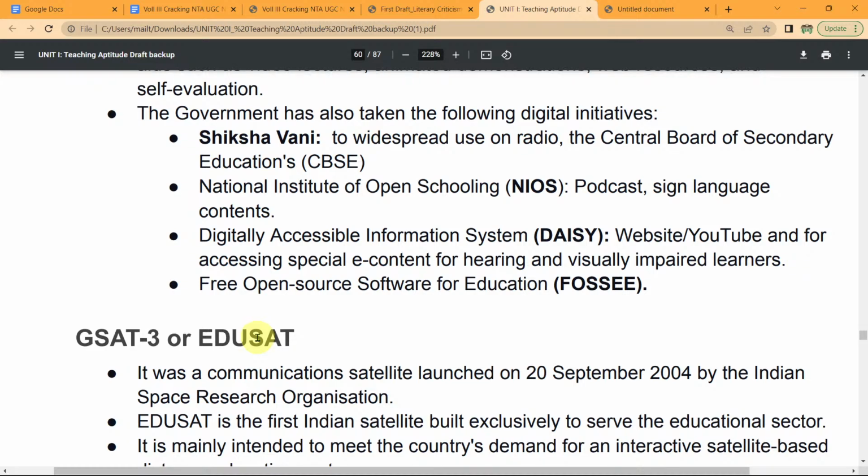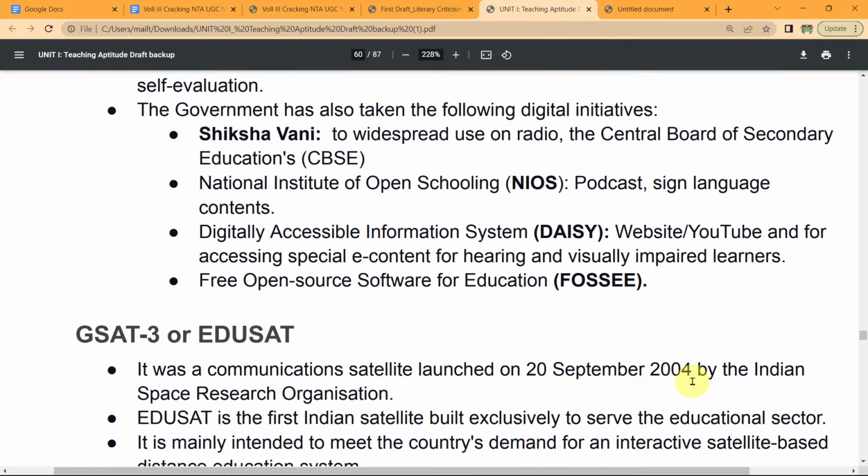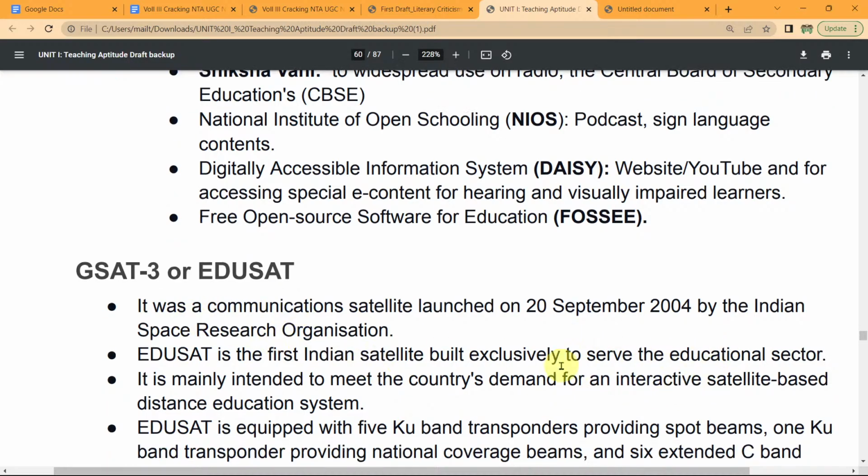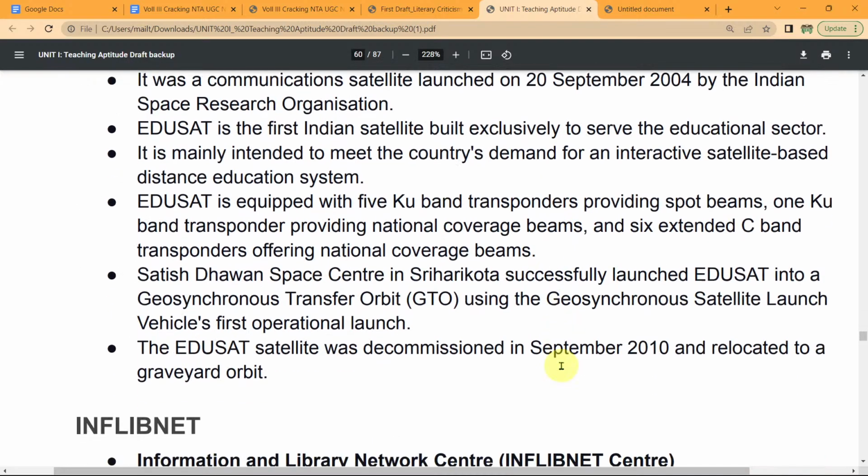It is a communication satellite launched in 2004 for the space research organization. EduSat is the first Indian satellite built exclusively to serve the educational sector. So this satellite was launched only for educational purposes. Got it? That is EduSat.